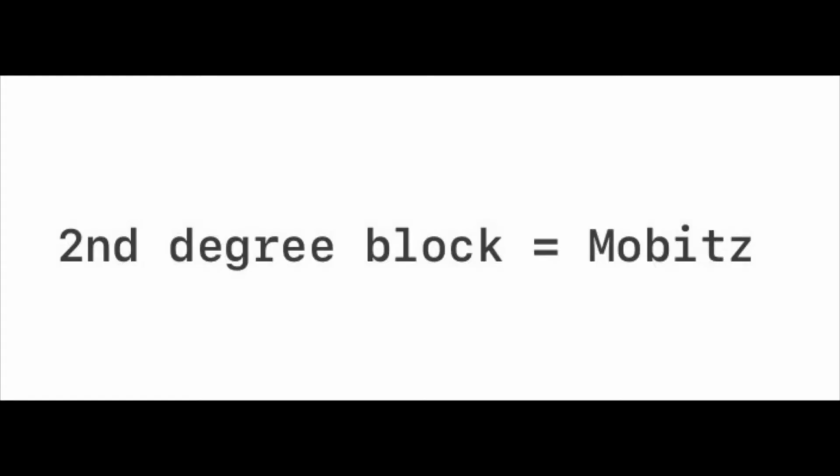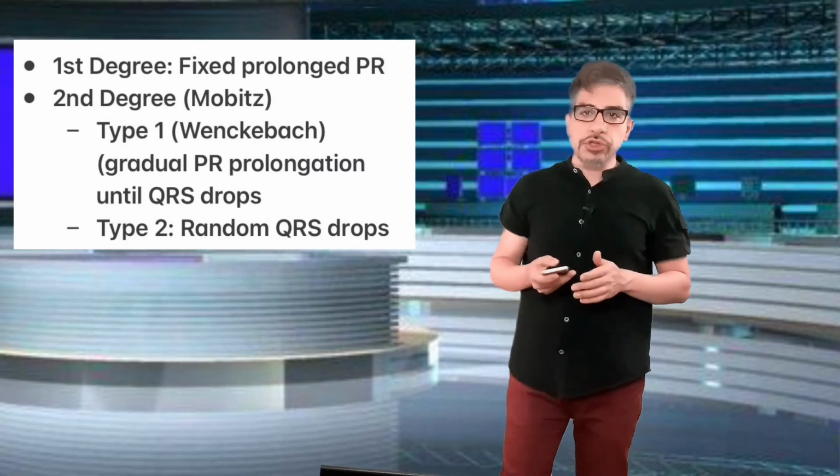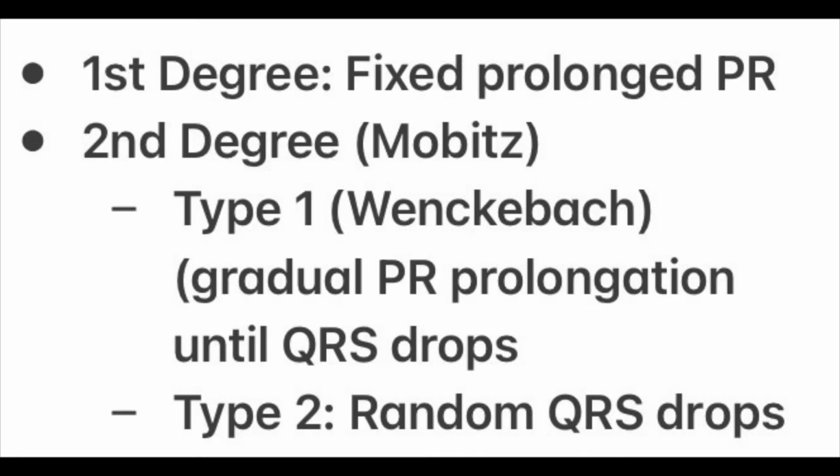There may be no pattern or predictability to this chaos, which is not good at all. By the way, second-degree blocks are also known as MOBITs. So you could have MOBITs type 1 or 2. Type 1, the gradual PR prolongation until you lose a beat, is also known as Wenckebach, strictly nomenclature.